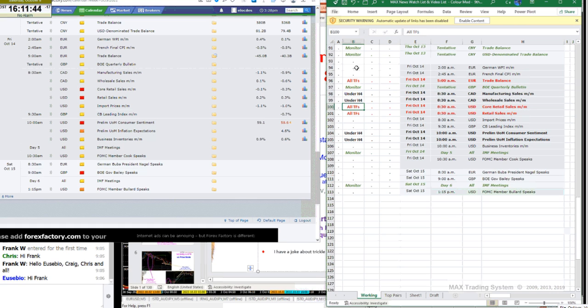Similarly, under H4, we have the US dollar core retail sales and retail sales month-over-month. Then we have the US dollar preliminary University of Michigan under H4. And monitor the IMF meeting. And Saturday, monitor also the IMF meetings. Okay, cool. So I'll save that.